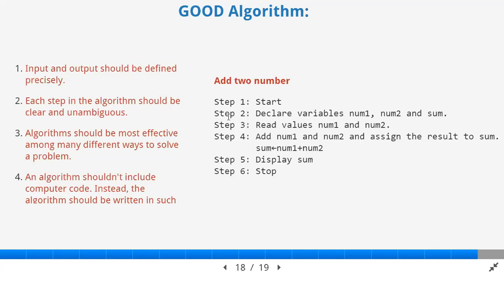Input and output must be defined precisely. So for example here, for the addition of two numbers, we have the requirement of input and output at step number 2, declare variable number. So what kind of number? Okay, we can differentiate between number and letter. So next, what kind of number?